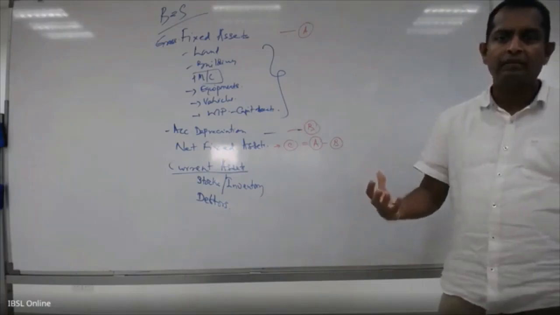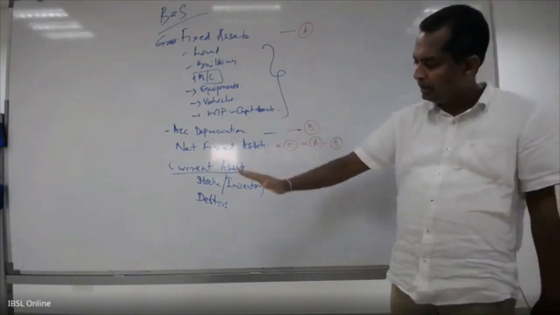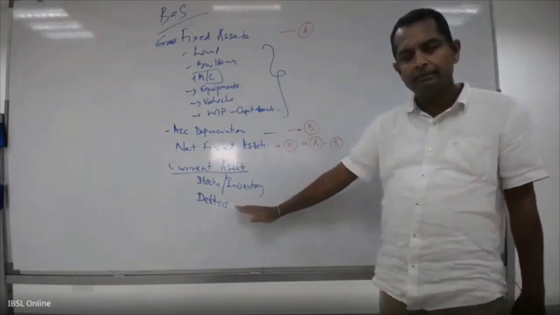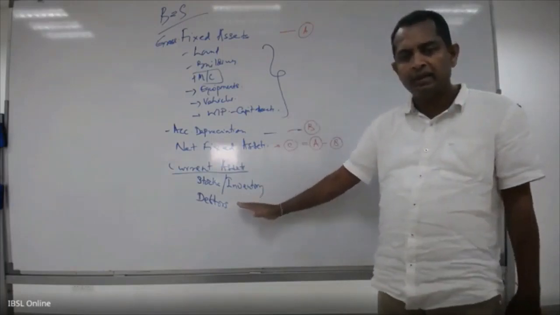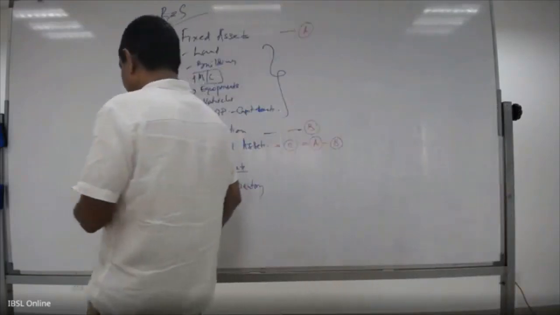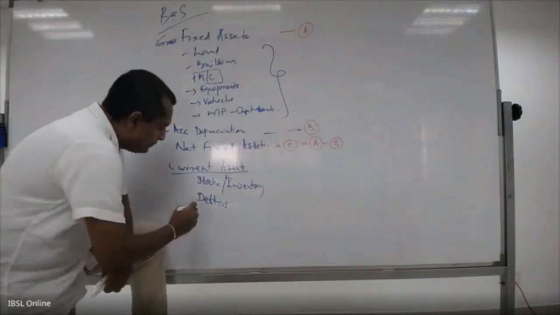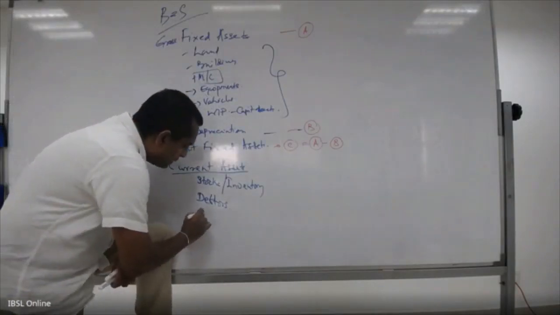Whenever you sell, you mark it as sold, but it increases here. You have not received money, you have just increased the debtors. So any other advance payments?